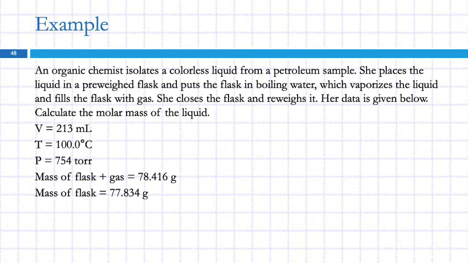So let's just talk about this real quick. We're going to use an Erlenmeyer flask. It doesn't specify what kind of flask. It's a colorless liquid, which is really hard to draw. I'm going to make it purple. She puts some liquid in the bottom, and then she sticks this in a hot water bath.